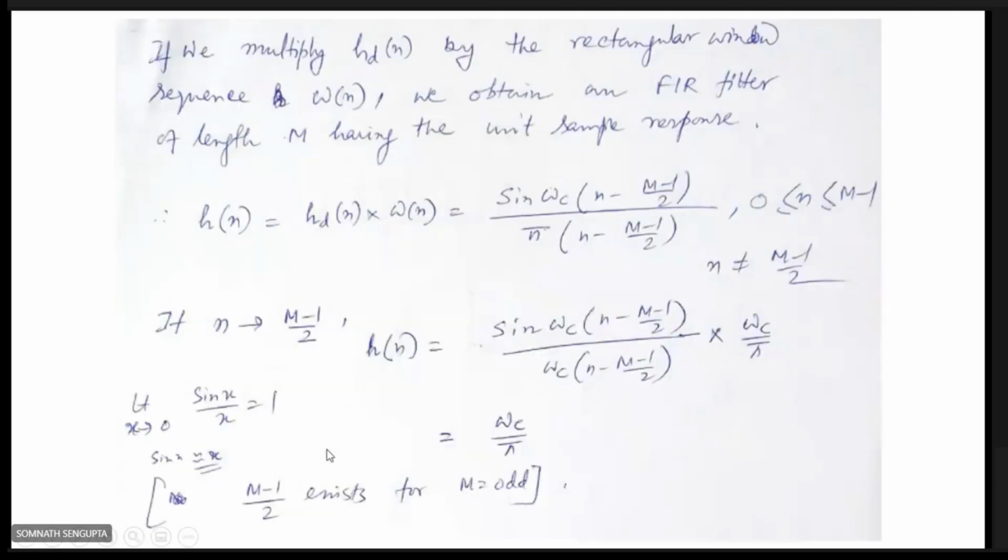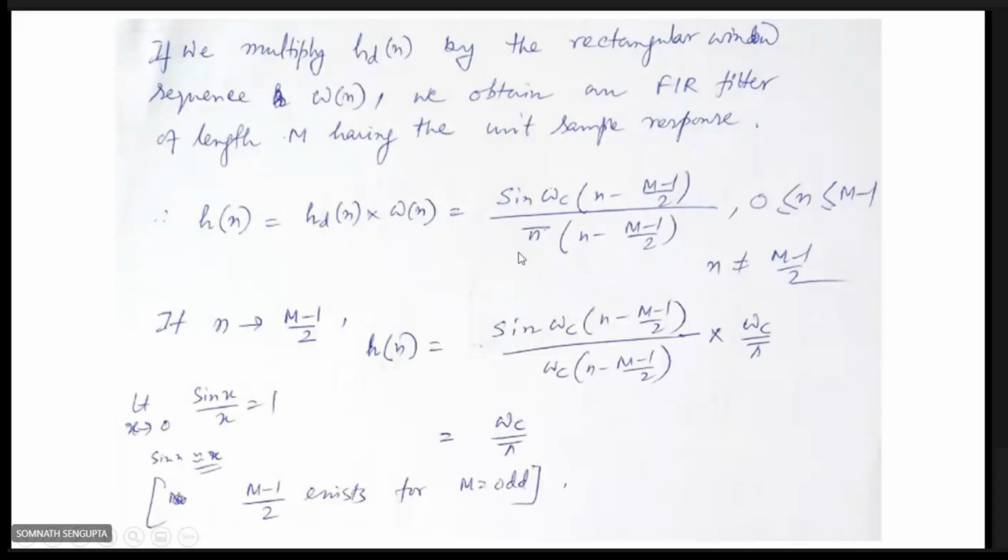Then you have to multiply with the rectangular window, so hd(n) is multiplied with the rectangular window w(n). If you multiply it, you will get this function. Now, one specific condition is explained: n should not be equal to (M minus 1) by 2, otherwise it will be 0 by 0, very high magnitude.